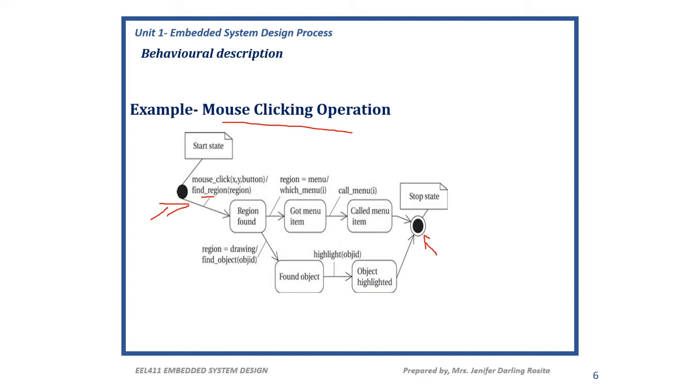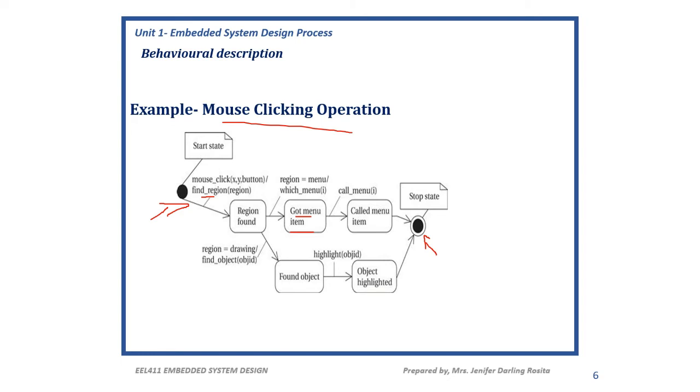There are certain codes of menu items to ensure which page should be opened. So after the region is found, it goes to the menu item and checks which area is being clicked. After checking which area is clicked, it calls the particular menu item.